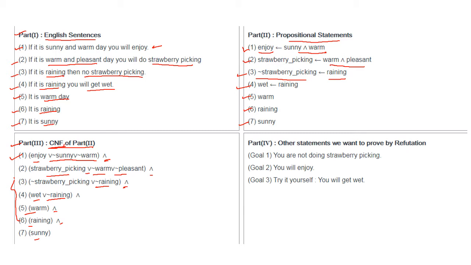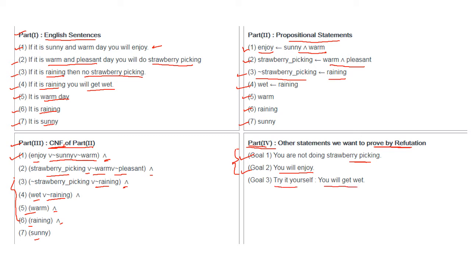And the fourth part is, we need to derive some other statements by proof by refutation. The first statement is, you are not doing strawberry picking. And second one is, you will enjoy. These two statements will be explained by using a refutation proof, and you just try yourself.